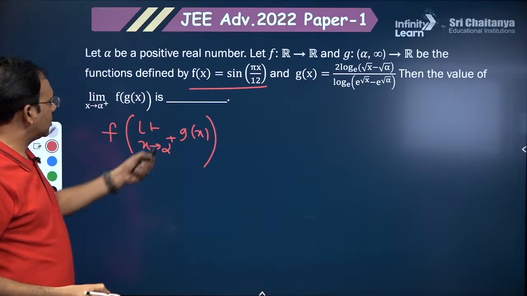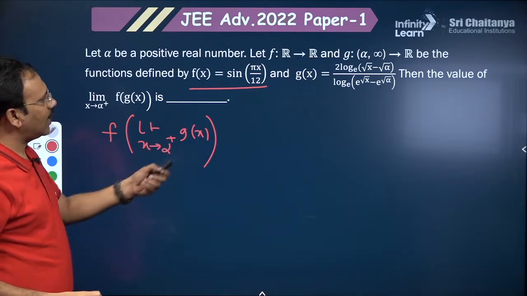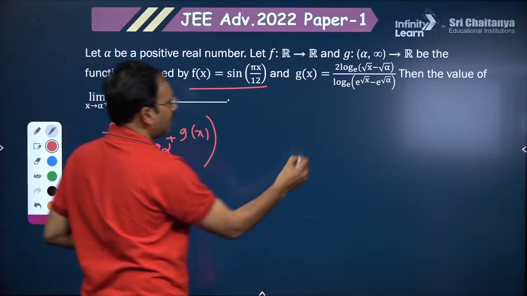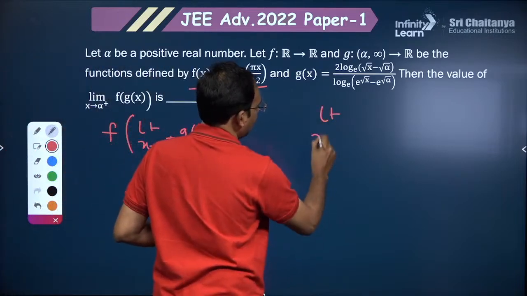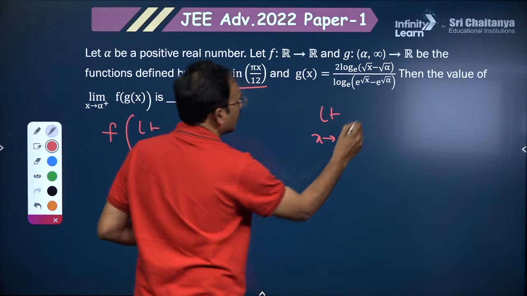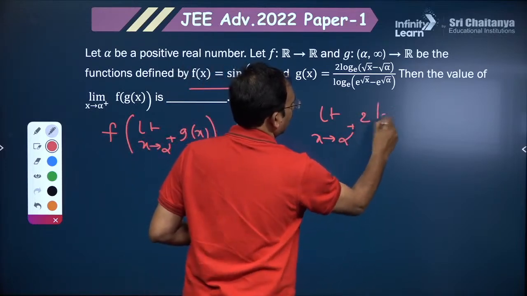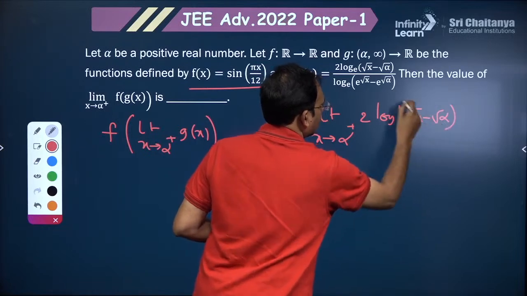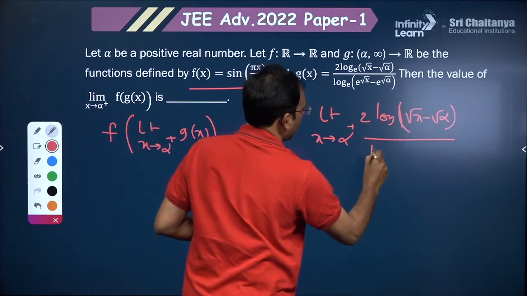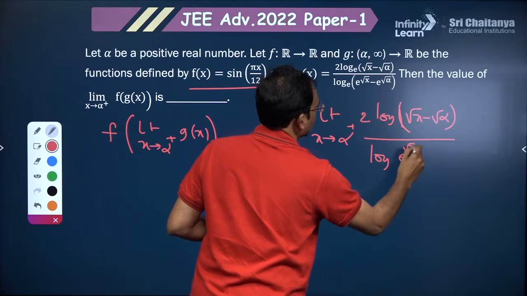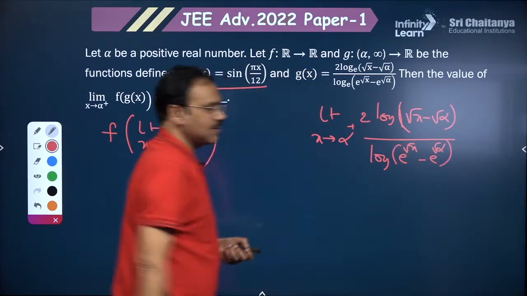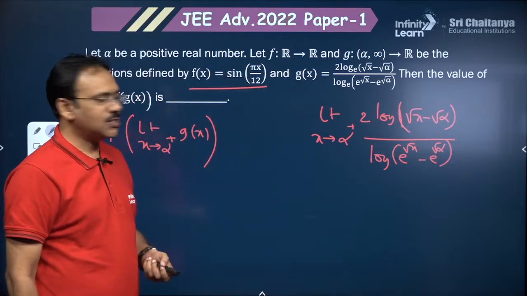Right, dear students. So to find this limit, alpha is undoubtedly some real number, you just try to find the limit as x extends to alpha plus of twice of log of root x minus root alpha, by log of e power root x minus e power root alpha, base e is given. If you put alpha, you will get 0 by 0.